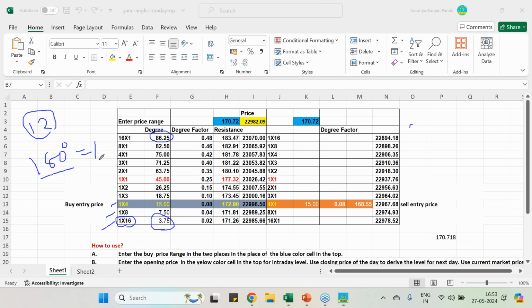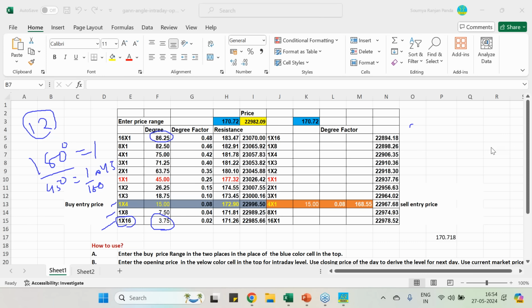That's why 180 degrees numerically is presented as 1 unit or factor 1. If I ask you about 45 degrees, how do you find it? You find 1 by 180 into 45. In that process, all these degree factors are found.